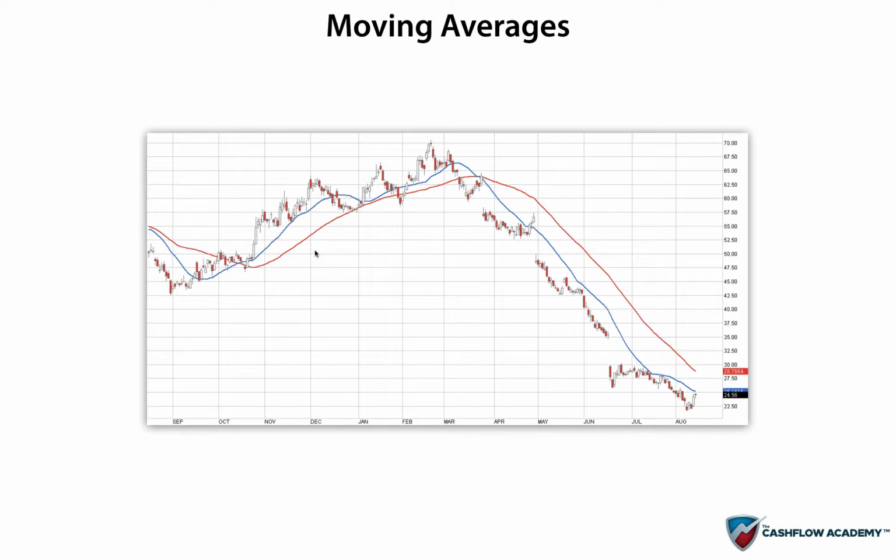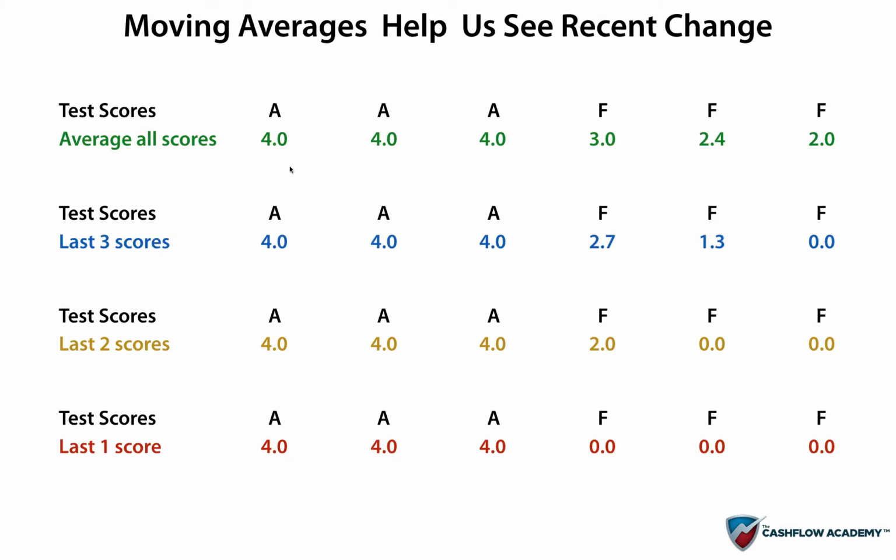So let's see how this concept works with going to school. If I average all the test scores, and I have this great math student that gets an A, an A, an A, and an F, an F, an F, by the time I average all these scores together, he's still a C student. And that's dangerous, because let's say I have a teacher's assistant, and I have this massive class in an overcrowded school, and I say to the teacher's assistant, look, alert me to the kids that are failing the class.